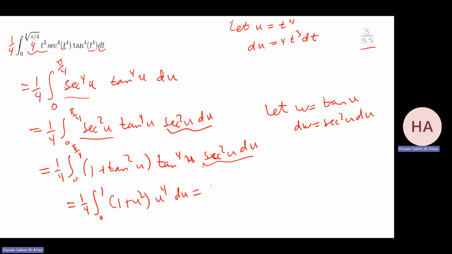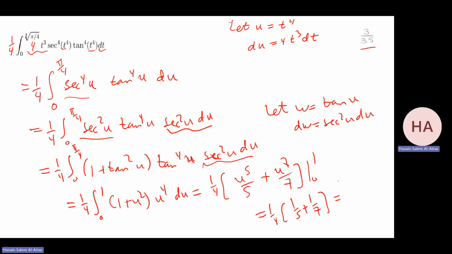And that will be what? 1 over 4, don't forget 1 over 4. I have u to the power 5 over 5 plus what? u to the power 7 over 7 from 0 to 1. That will be 1 over 4, 1 over 5 plus 1 over 7. That gives me 1 over 4 times 12 over 35, that will be 3 over 35, which is this number.